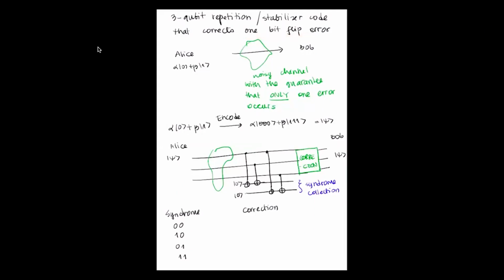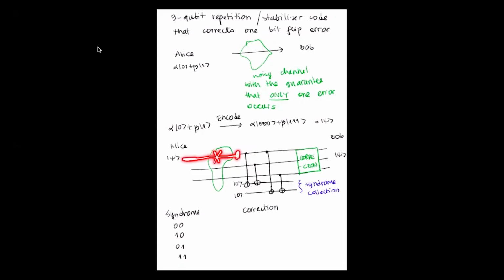It means that there can only be one bit flip here. If the qubit coming from here was a 0, it passes and becomes a 1. So my psi, which is alpha 000 plus beta 111, when it reaches here, has become alpha 100 plus beta 011, right?